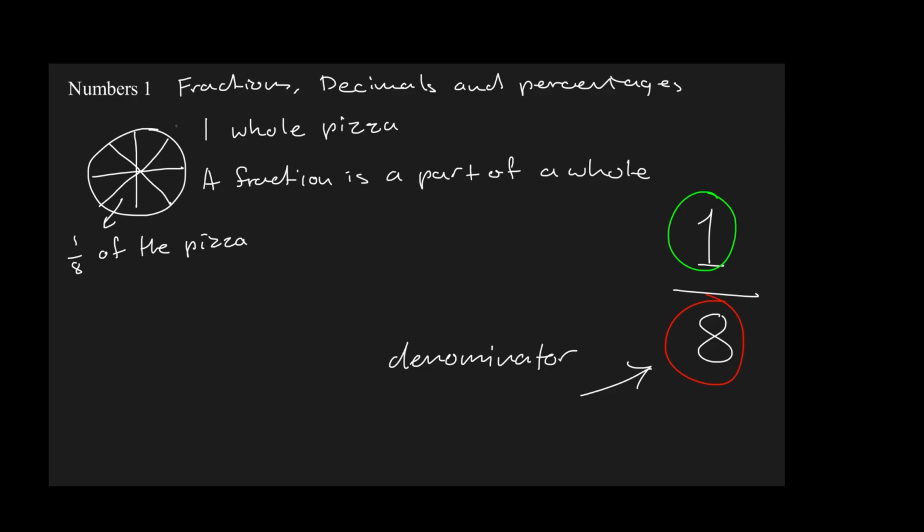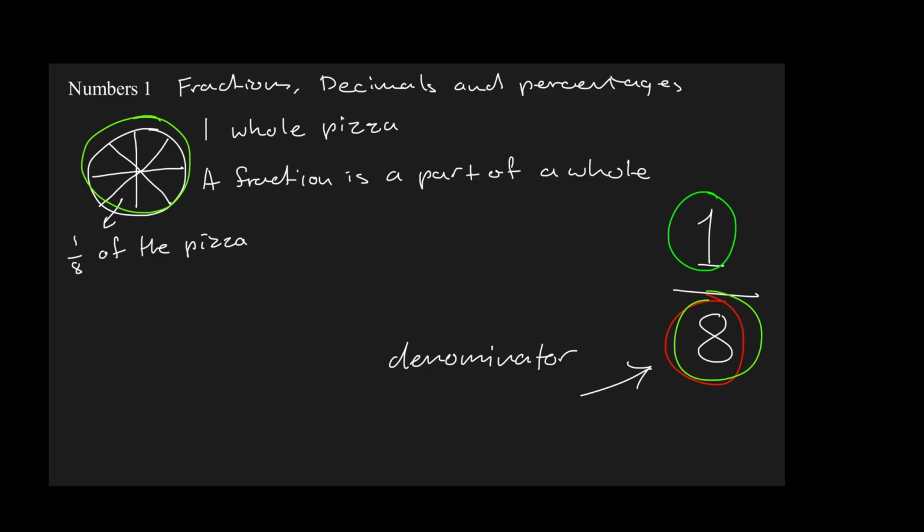So how many pieces do we need to make a whole pizza? Well, we would probably need 8 slices, unless you shop at Costco where they have pizzas sliced into 6 pieces. But most likely you're going to have a pizza sliced into 8. So we would need 8 slices to make a whole pizza.